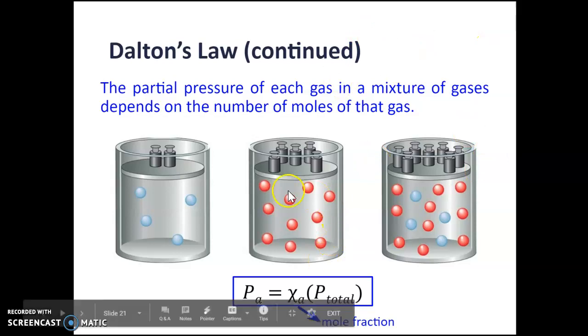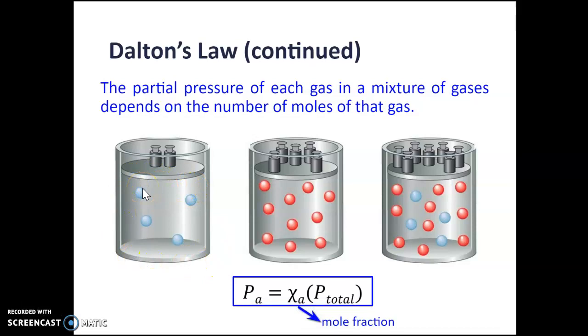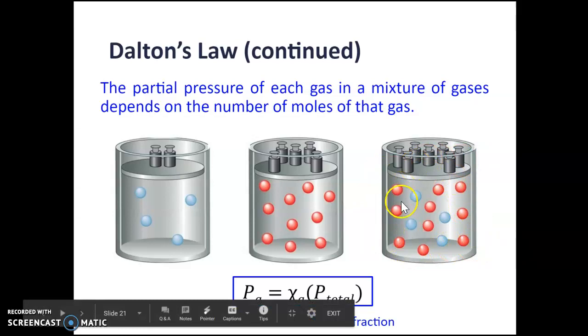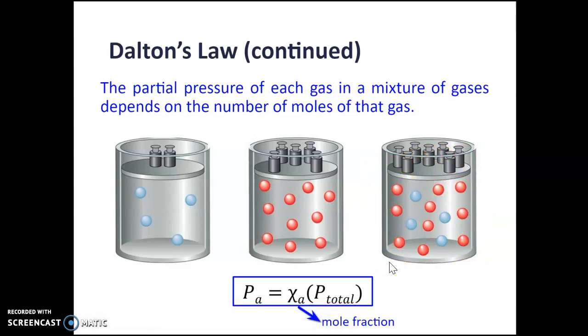In this case, we've got a total of 14 gas molecules, and 4 of them are the blue kind. So if we want to make a mole fraction, we're really just saying, kind of like find a percentage. So I would do the 4 blue ones divided by the total number of 14, and that's going to give me my mole fraction. Then I can multiply that by the total pressure to find the partial pressure.